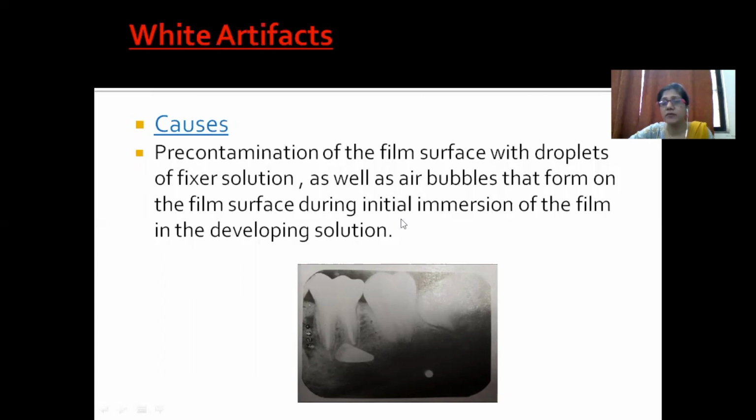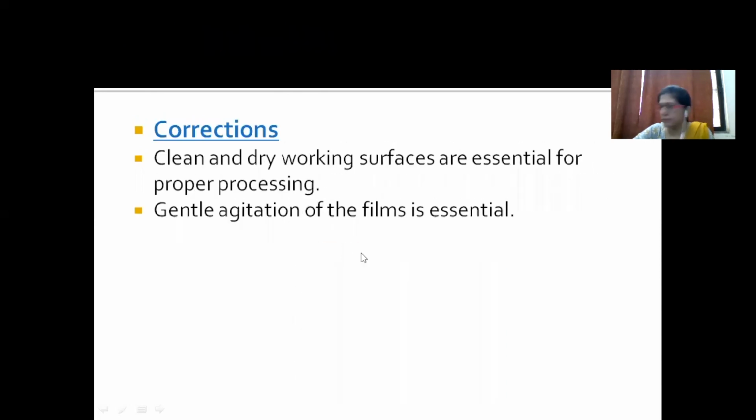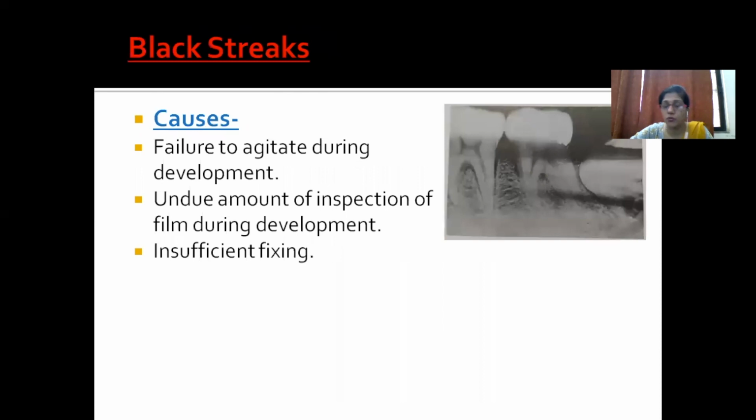During the initial immersion of the film in the developing solution, before it gets immersed into the fixer solution, if it has a drop on the film, you may develop this type of artifact. The corrections: a clean and dry working surface is very important for proper processing. Gentle agitation of the film is necessary to remove all the air bubbles. If air remains in contact with the film, it will have this round type of reduced opacity.